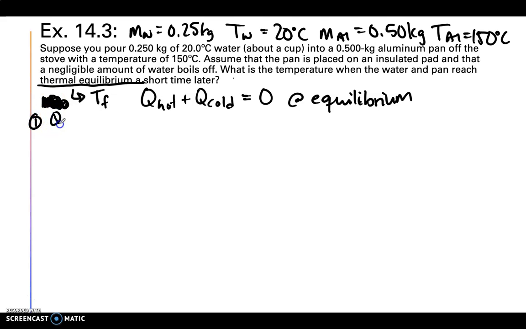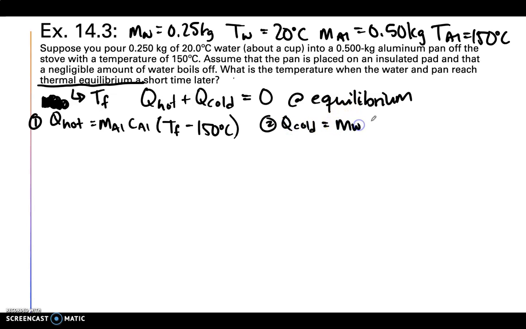So Q hot is going to be M sub aluminum times C sub aluminum times T F, which is our final, minus our initial, which will be 150 degrees. For the cold, it's going to be M W times C W times T F minus 20 degrees Celsius.